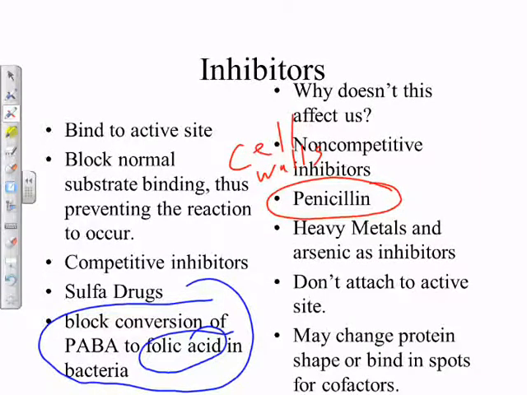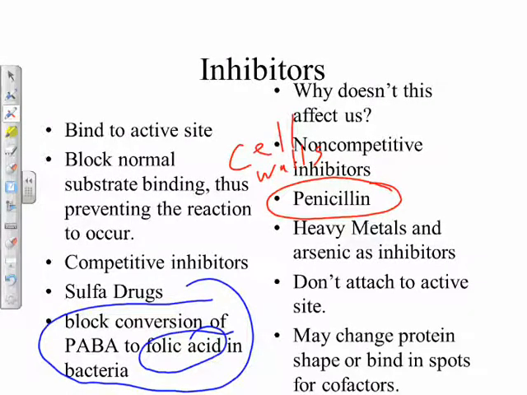So those enzymes to make cell walls don't work, which means bacteria can't what? They can't reproduce. How long does an individual bacteria cell live? A few hours, maybe days. So very quickly what happens to the bacteria? They die out.